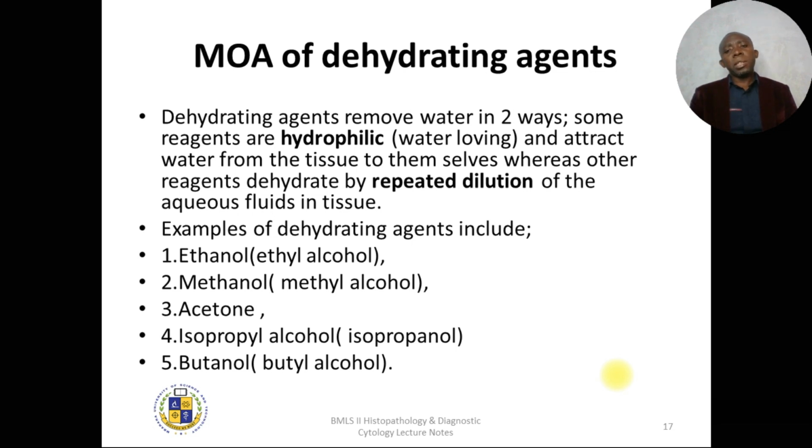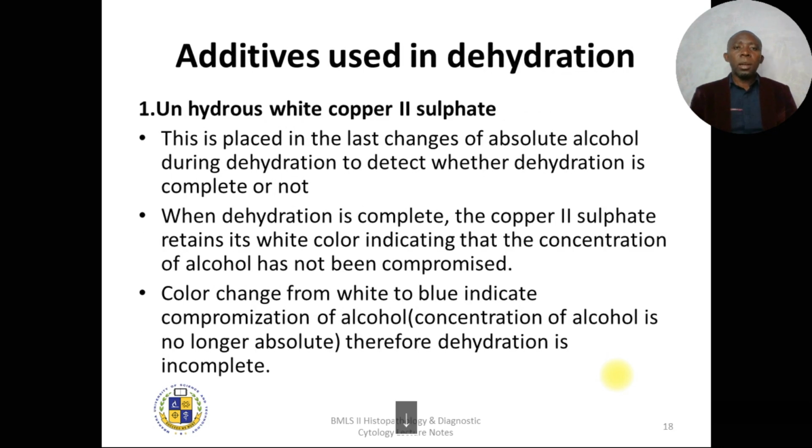We have examples of dehydrating agents that we use, and number one, we have ethyl alcohol or ethanol, and this is the most commonly used dehydrant. We have methanol or methyl alcohol, acetone, isopropyl alcohol, butanol, and many others. We also look at the additives which are used in dehydration, because sometimes we add additives that can facilitate quick dehydration.